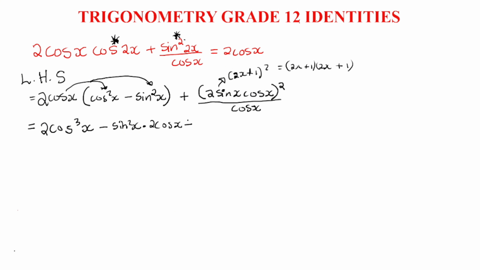So here I'm going to simplify it already. This squared is as good as 2 squared, which will give us 4. Sine times sine is going to give us sine squared x, and cos times cos is going to give us cos squared x, and therefore over cos x.